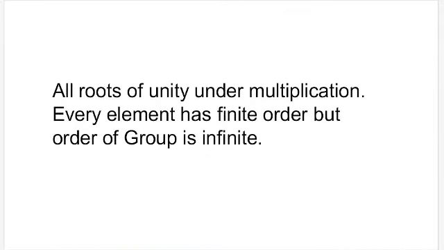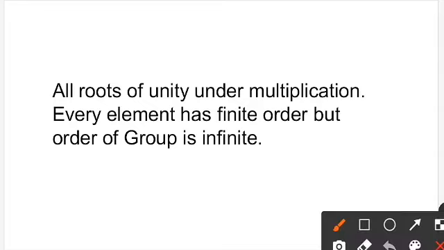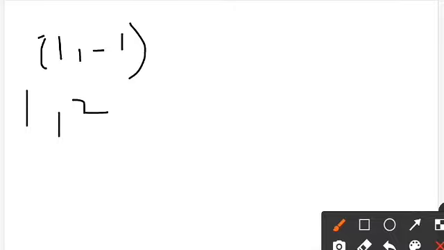All roots of unity under multiplication. This is the example, which is an exception, a counterexample. Every element has finite order, but the order of the group is infinite. Let's see. Consider the roots of unity, which are 1 and minus 1. Okay, so the order of 1 is 1 and the order of minus 1 is 2.